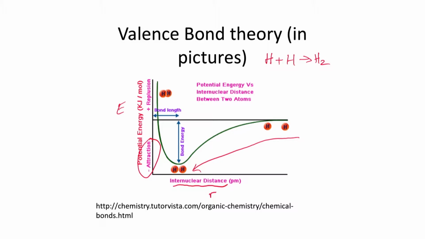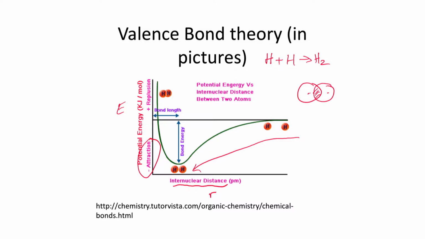Eventually, they get pretty close together, and this area here in the middle represents the overlap between those two orbitals. Okay, and so right now, they're both pretty happy because they can share the electrons and all of the good interactions are maximized.